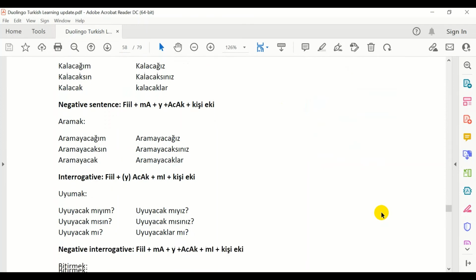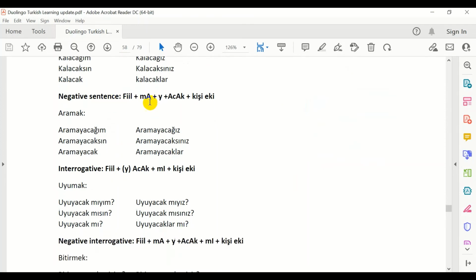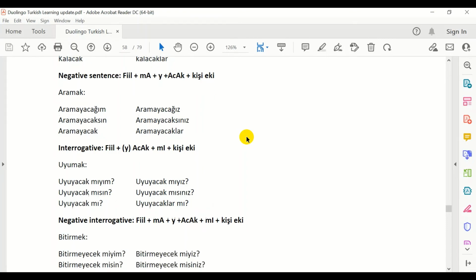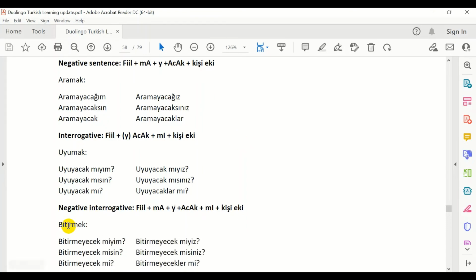So for a negative interrogative also, if you know the negative sentence, you can add the question suffix in the negative structure, and then it is changed to a negative interrogative. Bitirmek means to finish, or here aramak, to call, aramayacağım, I will not call.